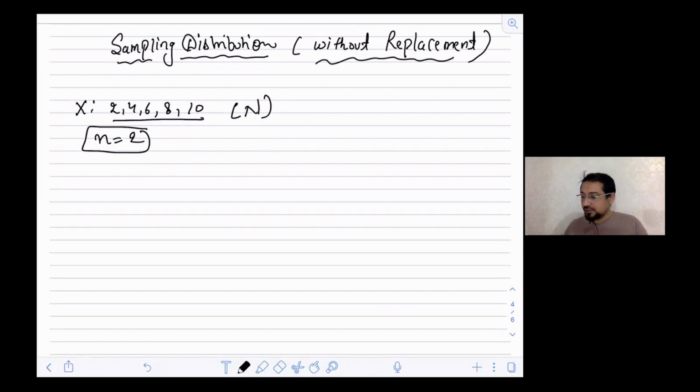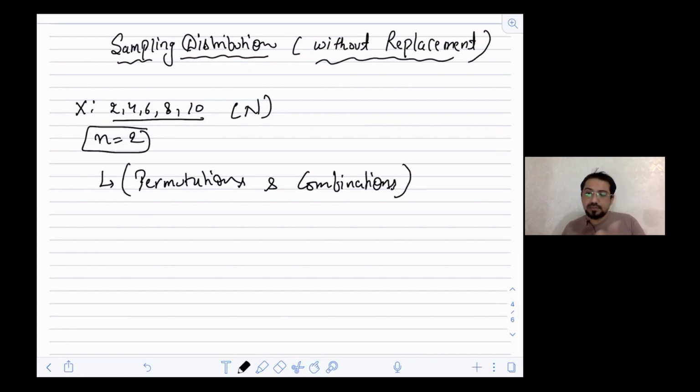Unlike with replacement, where the formula was n to the power n, here we will not use the same formula. We will use a different formula, and a technique called permutations and combinations. If you do not know, this is a chapter of mathematics. I'm not going to discuss how to do combinations or permutations.